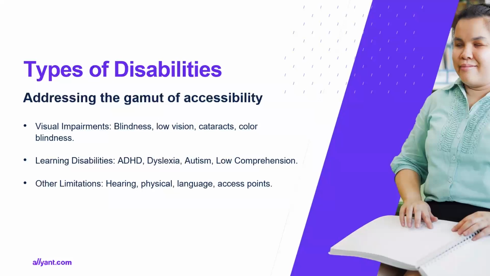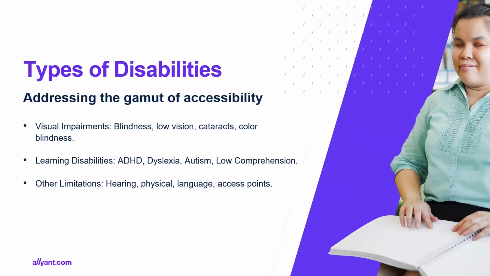So it's not just blindness, it's beyond that: the other areas of visual, the other areas of learning disabilities, dyslexia being a very common learning disability, that you need to think about in communications, in the design of your website, and the tools that can be added to websites to make them more accessible to people with learning disabilities.